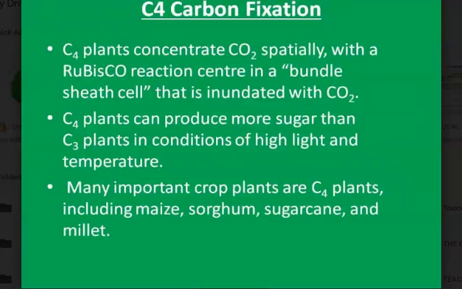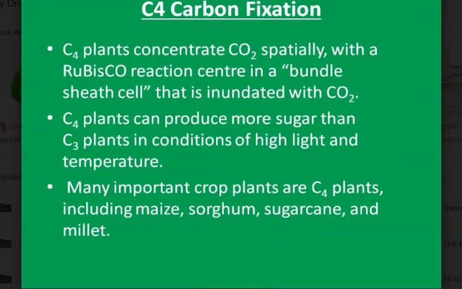Now, C4 plants, with C4 carbon fixation. The C4 plants concentrate carbon dioxide spatially with the Rubisco reaction center in the bundle sheath that is inundated with carbon dioxide. C4 plants can produce more sugar than C3 plants in conditions of high light and temperature.